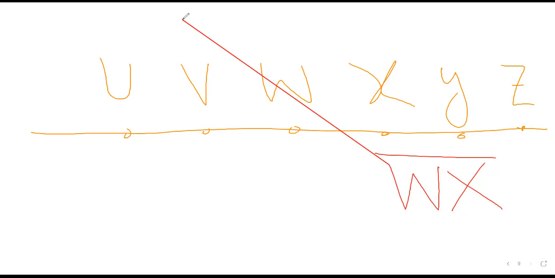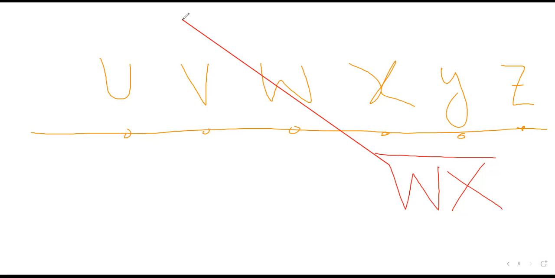What was the first one? The first one is UY. Oh, I wrote that wrong. The second one is VZ. The third one is YV. The fourth one is YZ. The last one is ZV.